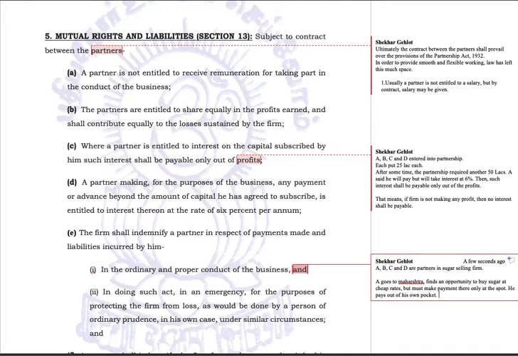A, B, C, D are four partners in a firm which is trading in sugar. A goes to Maharashtra.